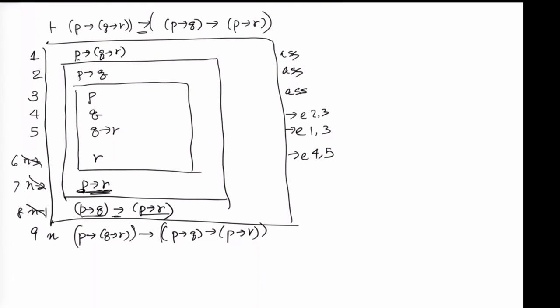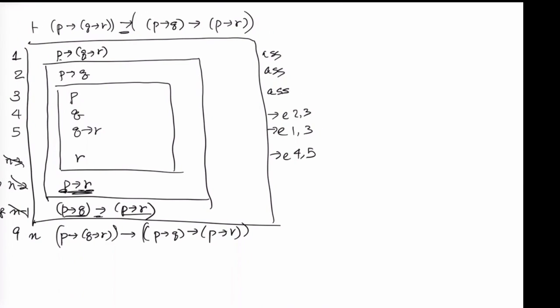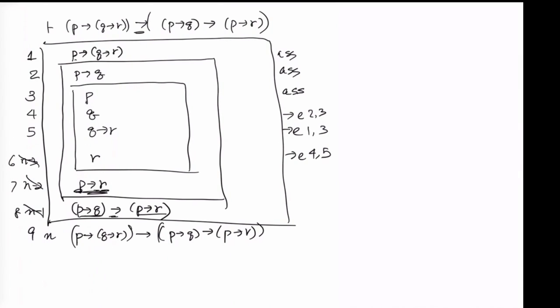Okay, and after that it is a straightforward application. So we fill all the gaps in the box. Line 7 gives me implication introduction from lines 3 to 6. Okay, and the next one is the outer box. Actually, I think I got mixed up.